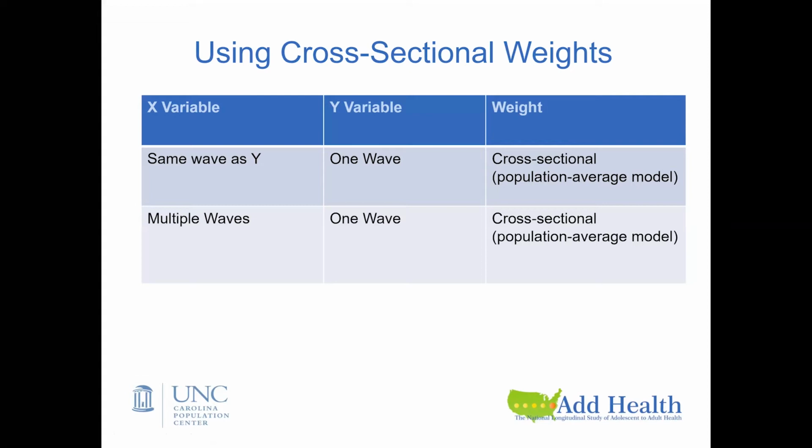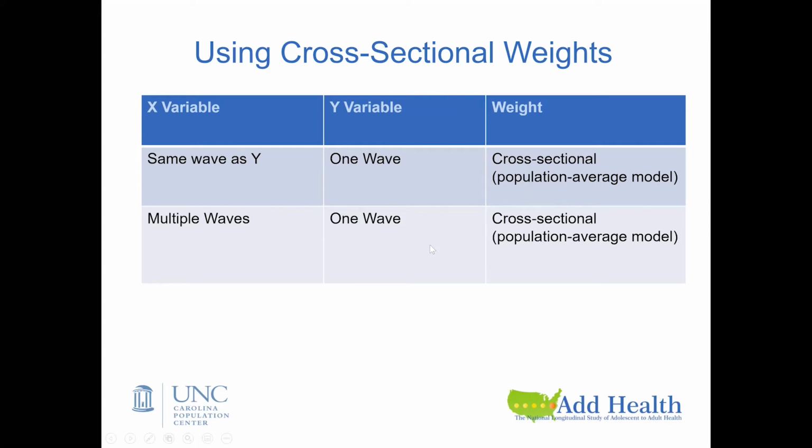Often the data for both the predictor variables and the outcome variables are collected at the same point in time in the same wave. So this first example, Y would be the outcome variable, collected in a particular wave 1, 2, 3, 4, or 5, and the X variable would be a predictor variable collected in the same wave, and that's when you would use a cross-sectional weight.